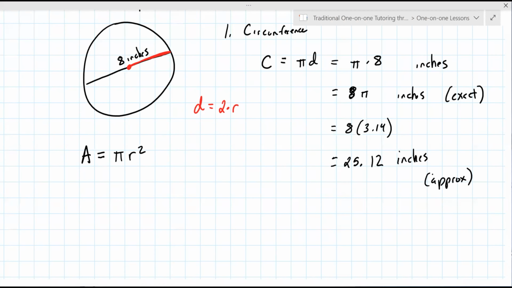D equals 2 times r. What is the number that is the diameter, Sourish? 8. How do you solve this equation, 8 equals 2 times r, for the radius?